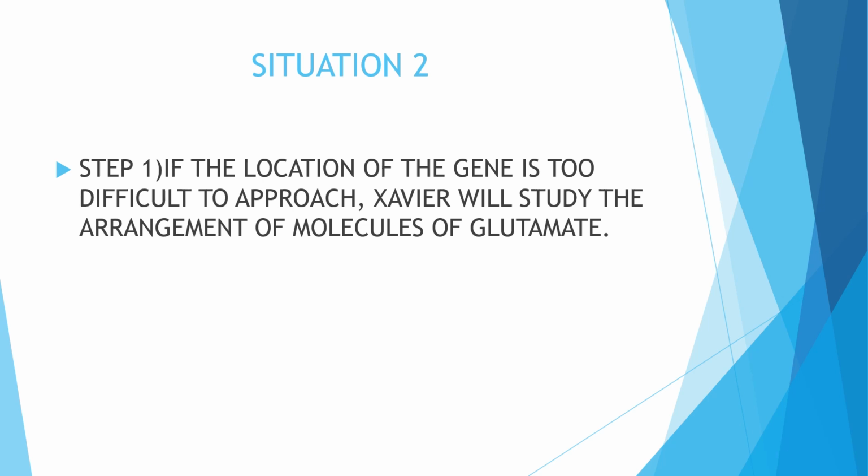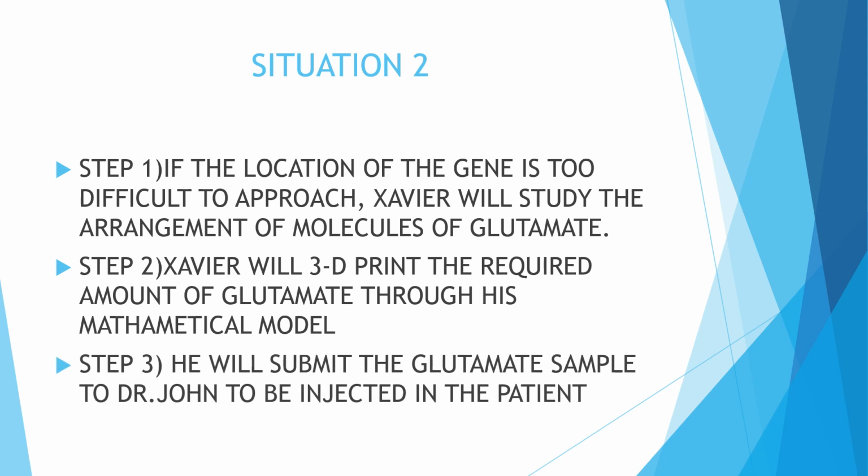He will study the arrangement of molecules in the glutamate protein itself. Then, in steps 2 and 3, Xavier will 3D print the required amount of glutamate through his mathematical model made for the 3D printer. He will submit the obtained glutamate from the 3D printer to Dr. John to be taken in by the patient.